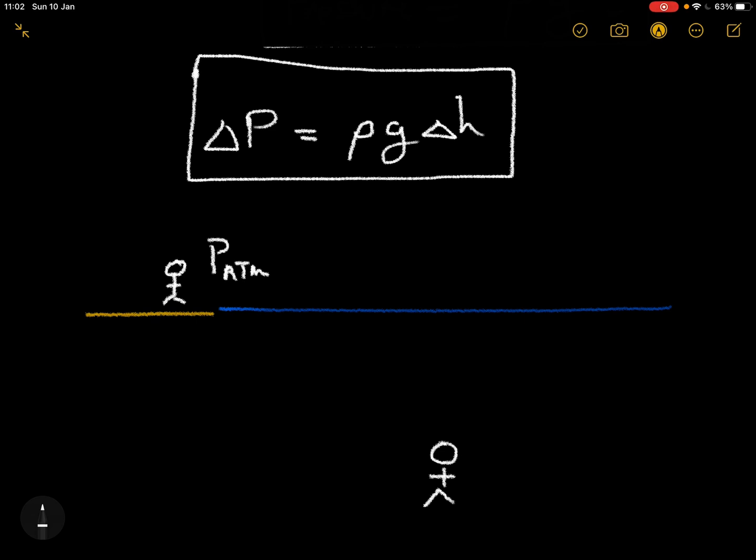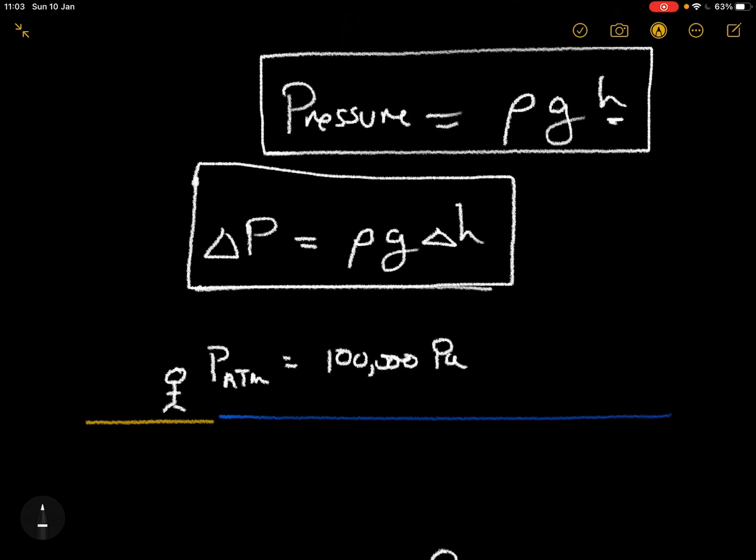Well, the pressure of 1 atmosphere is 100,000 pascals, 100,000 newtons per square meter. And that's due to 100 miles or so of air that's above you. You cannot use this equation for air pressure because the density of air fluctuates and drops dramatically as you go higher. Underwater, it's a fairly good approximation that the density doesn't change.